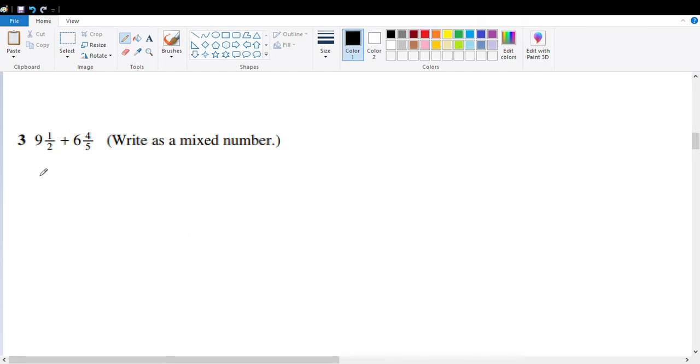We want to change these to improper fractions. So let me write that. Change to improper.